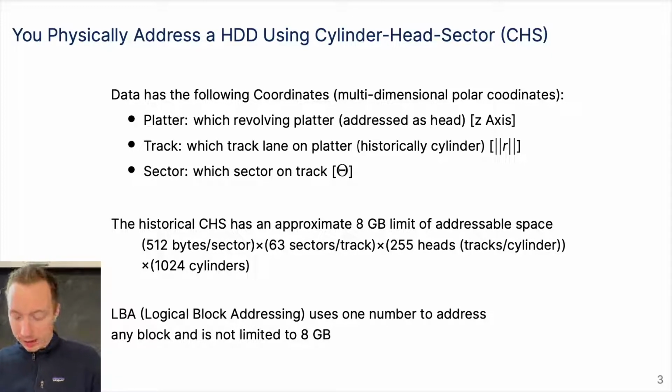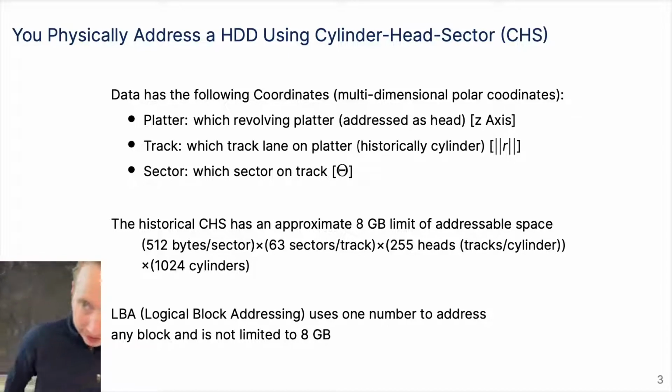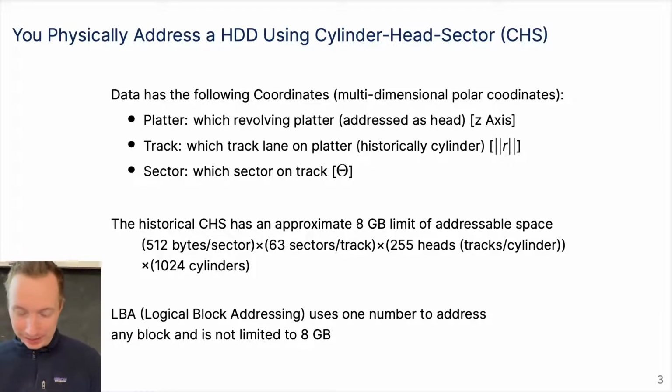And then the track, or historically the cylinder, is basically the radius, so what radii you want. And then the sector is just where in that track, which would be just like the degree. So this scheme has like an 8 gigabyte limit historically, because it assumes there are 512 bytes on a sector, and then up to 63 sectors a track, and then up to 255 heads. So that's how many tracks are in a cylinder, and then how many cylinders there are.